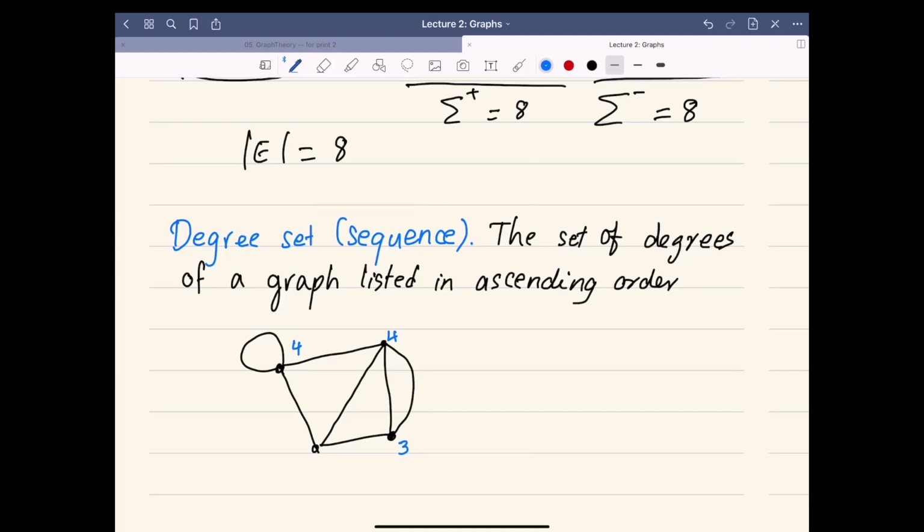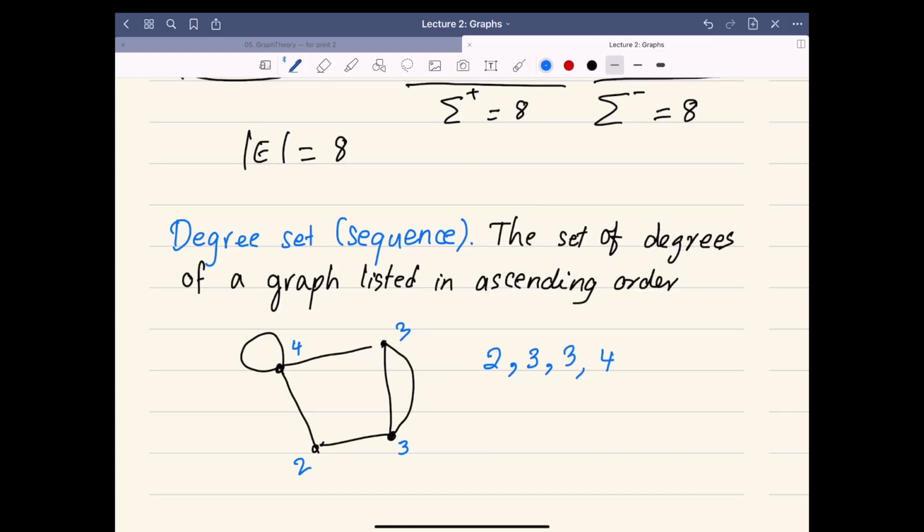So let's make it smaller. If we don't have this edge, just remove it. And so this will be degree 3. And this will be degree 2. So the degree sequence, if I want to list it, the smallest is 2. So we have 2, 3, 3, and 4.